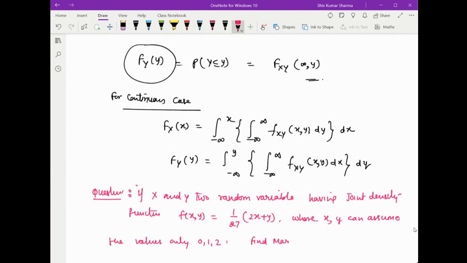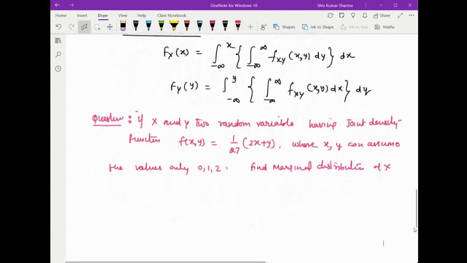Find the marginal distribution of x. So this is the case of discrete random variables.